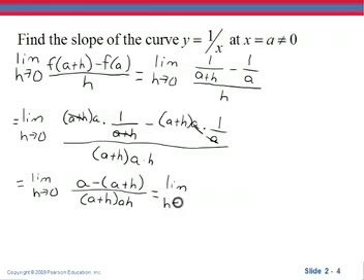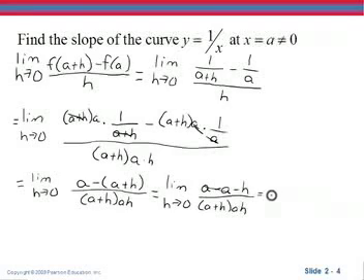I did this so that we would remember to change both signs. So this is minus a and minus h. Since we have a minus a, those will cancel, and we'll have the limit as h approaches 0 of negative h divided by a plus h times a times h.